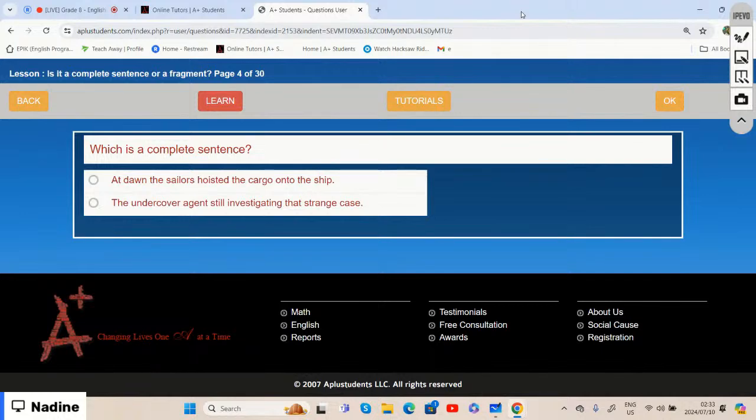At dawn, the sailors hoisted the cargo onto the ship. Or option two, which is the undercover agent still investigating that strange case.